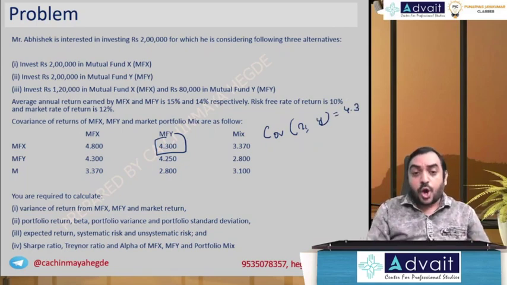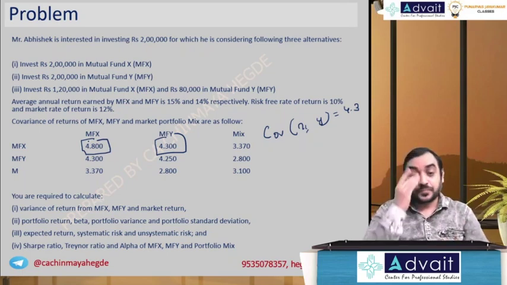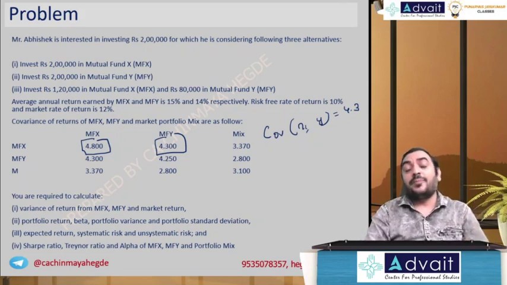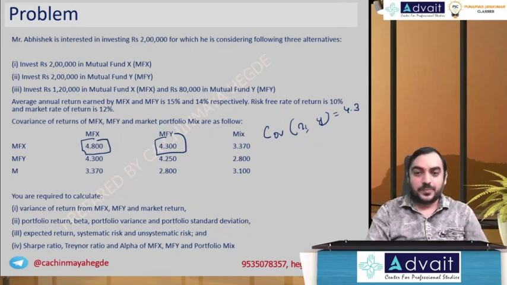Now please tell me, how do I write down 4.8? It is covariance between what? 4.3 is between X and Y, so we wrote covariance X comma Y. How do we write 4.8? What is in row heading? What is in column heading? Covariance between which two variables?